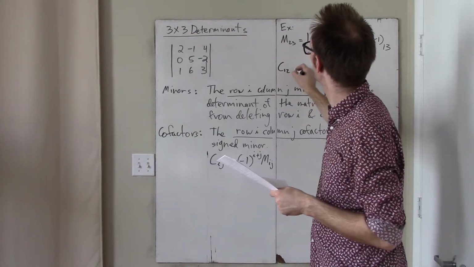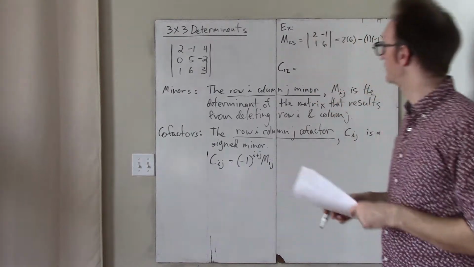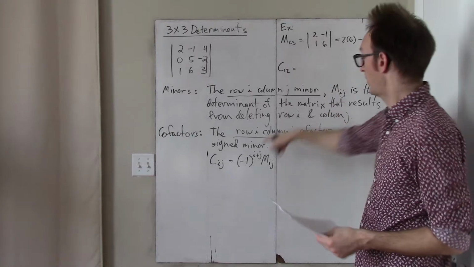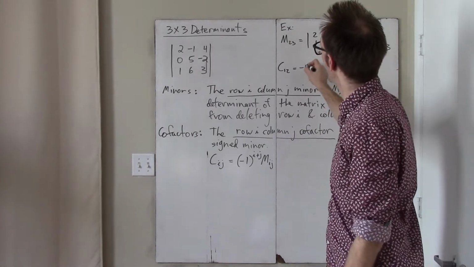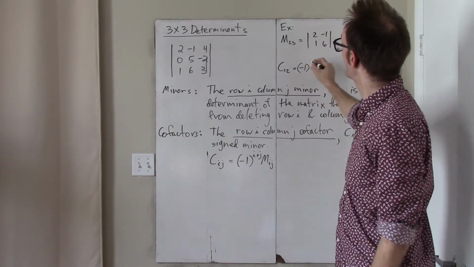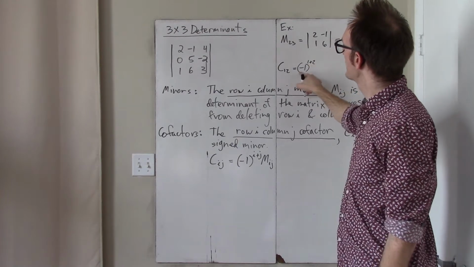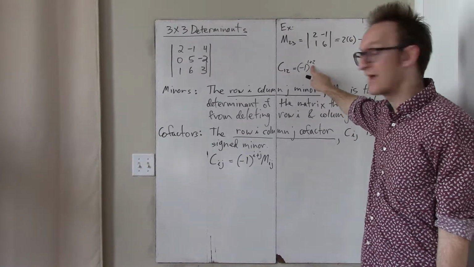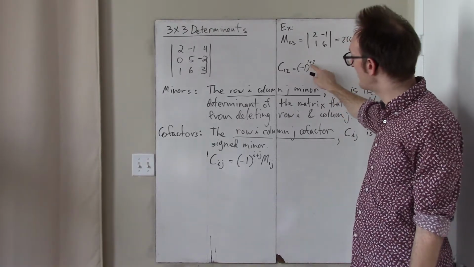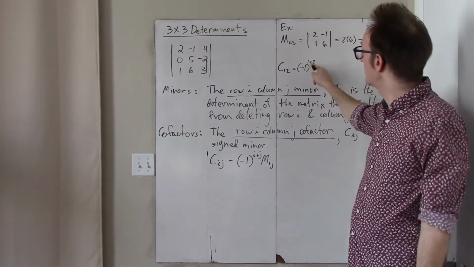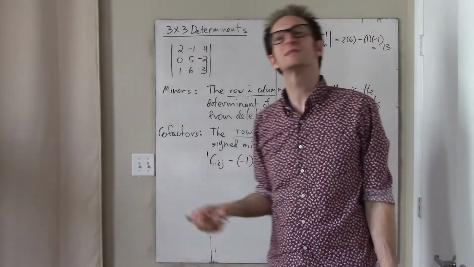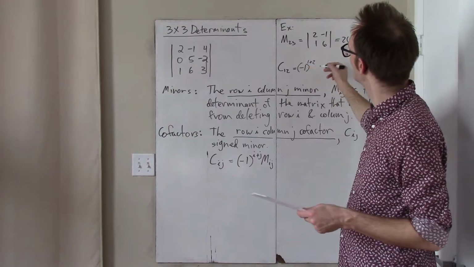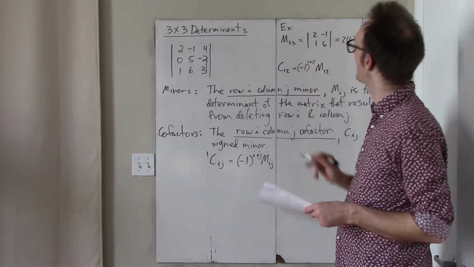What is C12? To compute the C12 cofactor, according to this formula, you take -1 to the 1 plus 2. In other words, you take the row number and the column number and add them up, and if it's odd, like it is here, then -1 cubed is negative, and if it's even, then it's not. So this is -1 to the 1 plus 2 times the M12 minor.